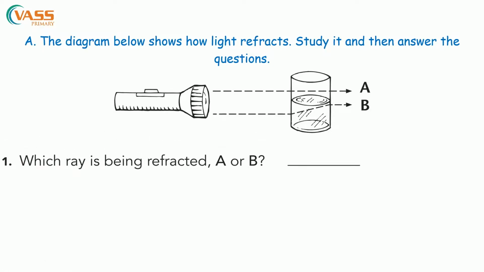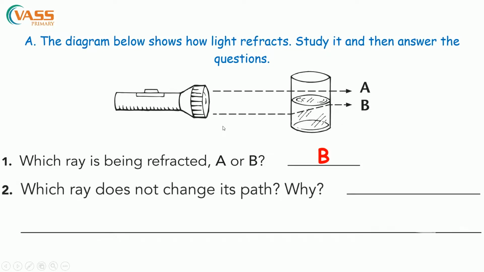Number 1, which ray is being refracted, A or B? That's correct. It's B. Number 2. Which ray does not change its path? And please tell us why.